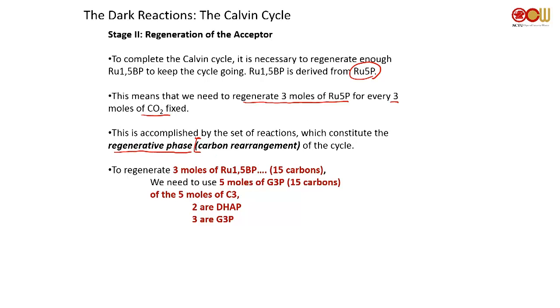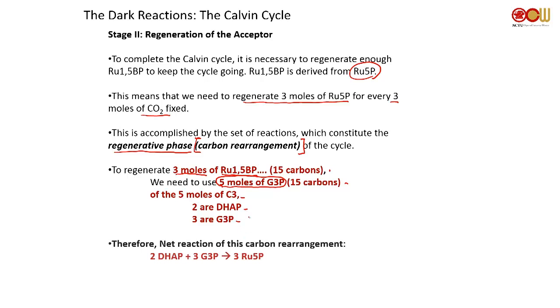Basically, I like to call it just the carbon rearrangement. Okay? So to generate 3 moles of RuBP, 15 carbons, we need to have 5 moles of G3P, which is 15 carbons. And of the 5 moles of C3, 2 of them are DHAP, 3 of them are G3P.